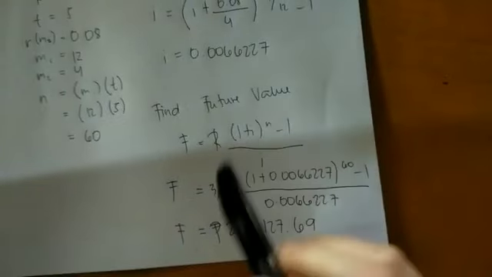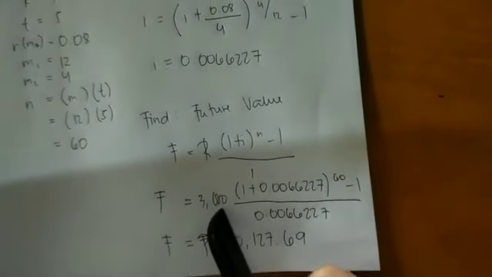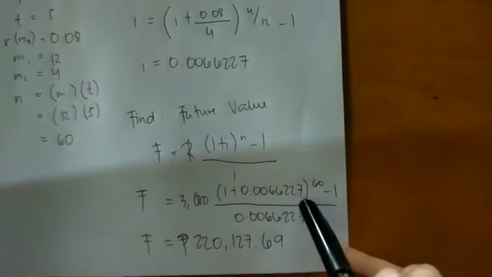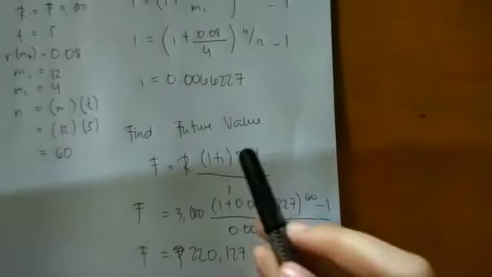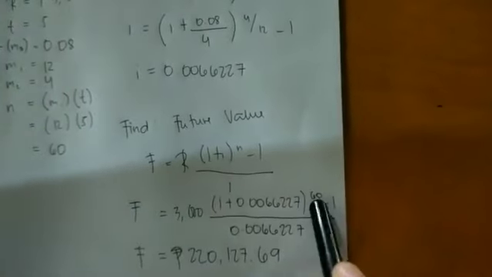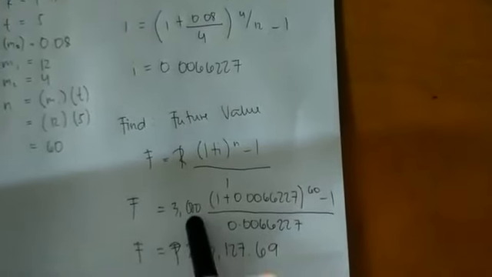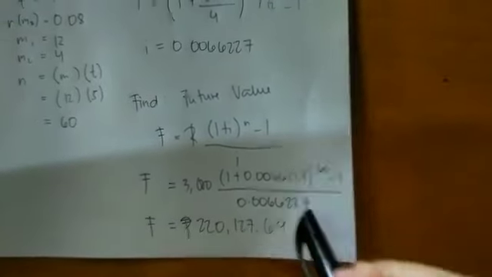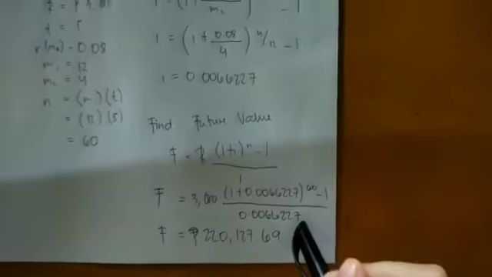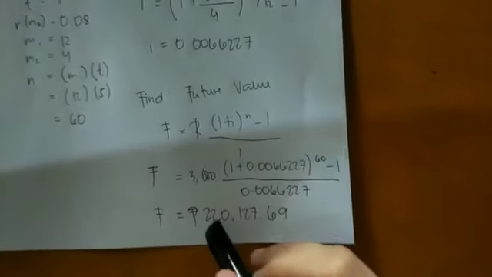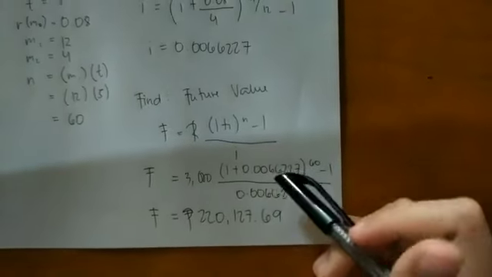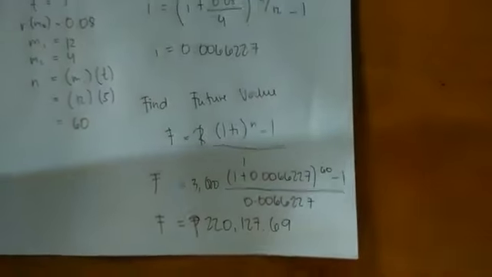The R would be 3,000, the i would be 0.0066227 in parentheses, the N would be 60, minus 1, divided by 0.0066227, and the answer would be 220,127.69 pesos.